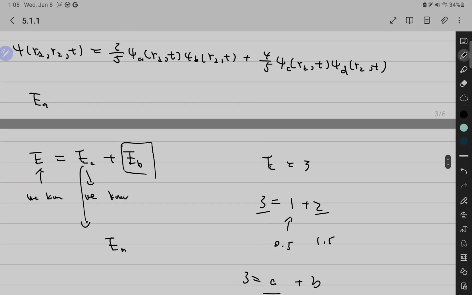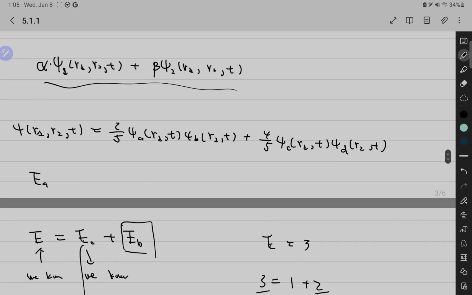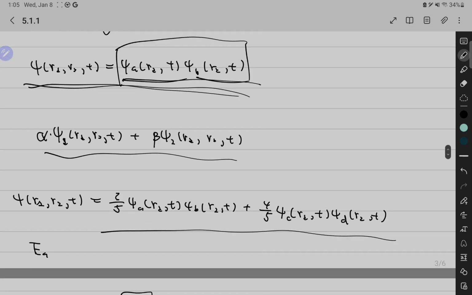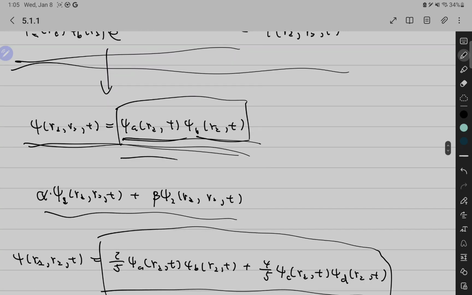And that is the case here, which goes back to what we were just talking about, what we call an entangled state. Because remember, this is also a valid solution to our Schrodinger equation, because this expression right here is just a linear combination of what we have here. So these two are both valid solutions to our two-particle system Schrodinger equation, or wave function.